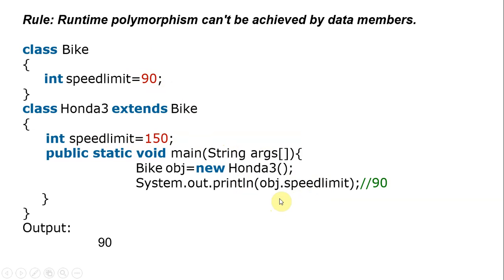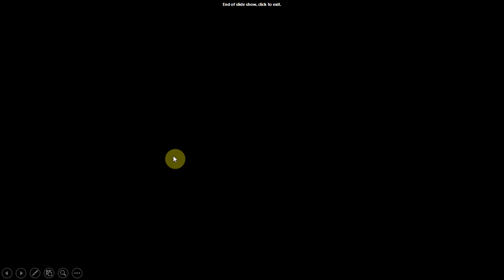Why? Because for a data member we cannot perform overriding. If it is not possible to override, then there is no concept of runtime polymorphism, so it will call only the superclass member, not the subclass member. Okay, understand? So that's all.